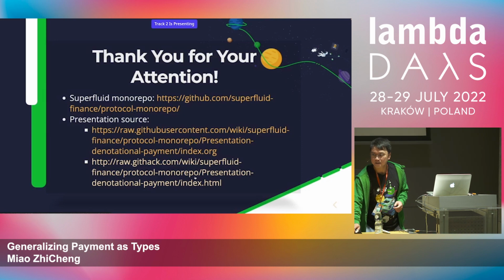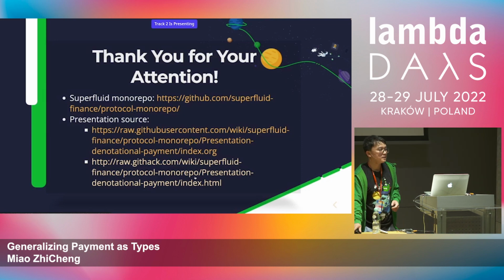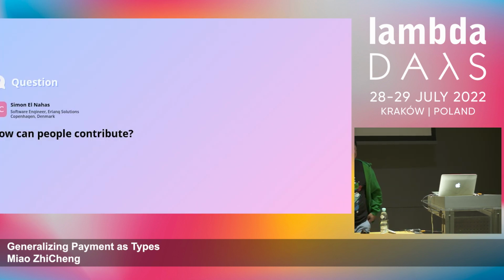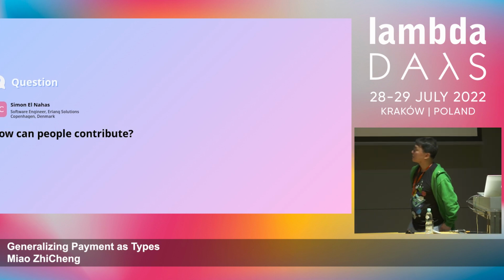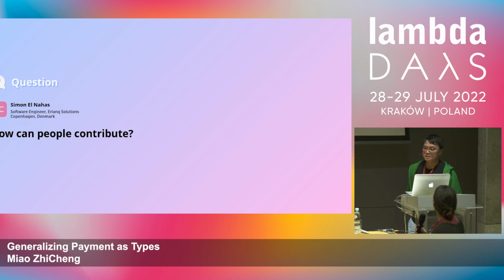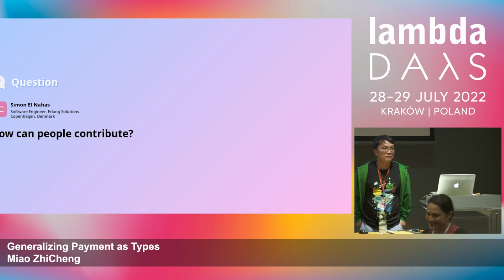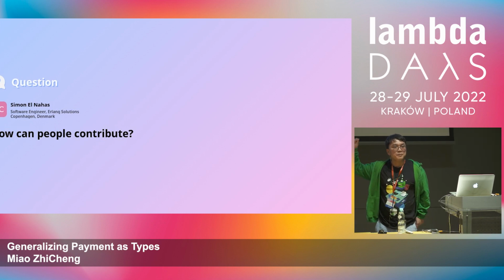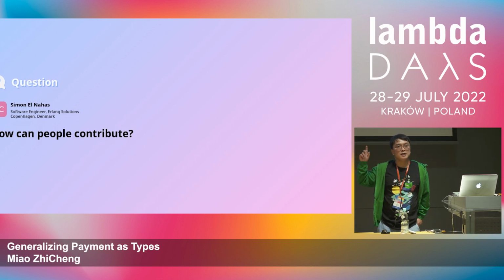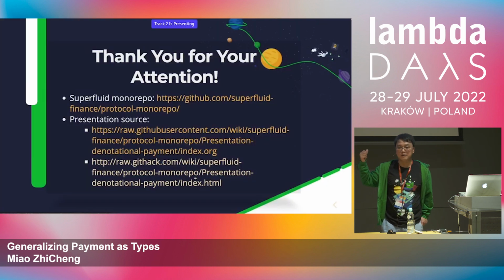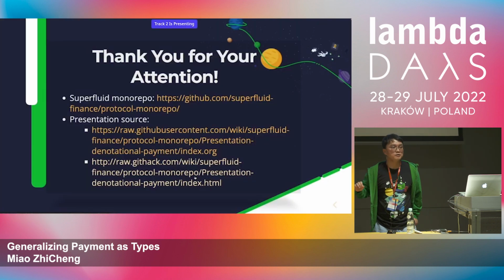Oh, one question has just popped up online. How can people contribute? Good question. A couple of links: the GitHub organization is called Superfluid-Finance, and I think we have the monorepo pinned up there, so you can easily find it.